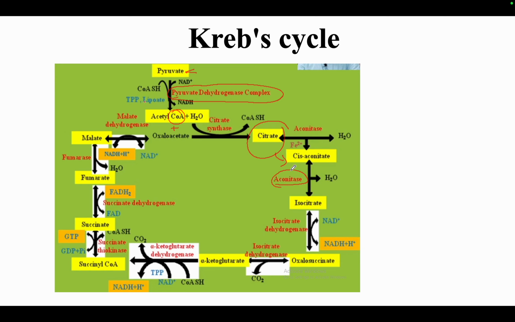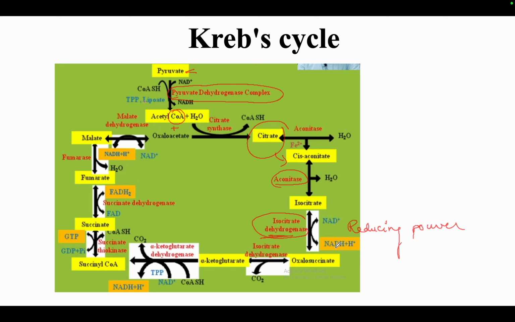These are just mutase or isomerase kind of enzymes. Then from isocitrate, we have oxalosuccinate. This enzyme is isocitrate dehydrogenase. Whenever there is a dehydrogenase, we'll have reducing power generation. So this is our first step of getting reducing power in the Krebs cycle.